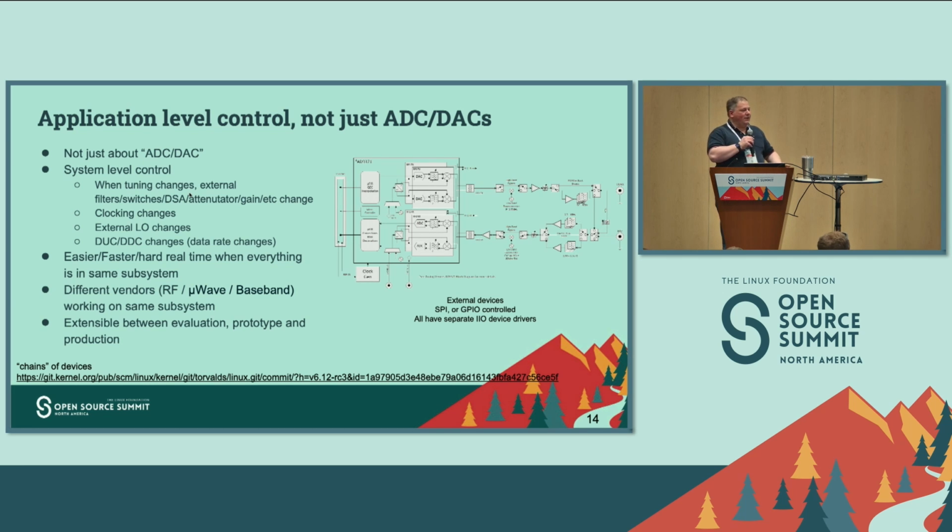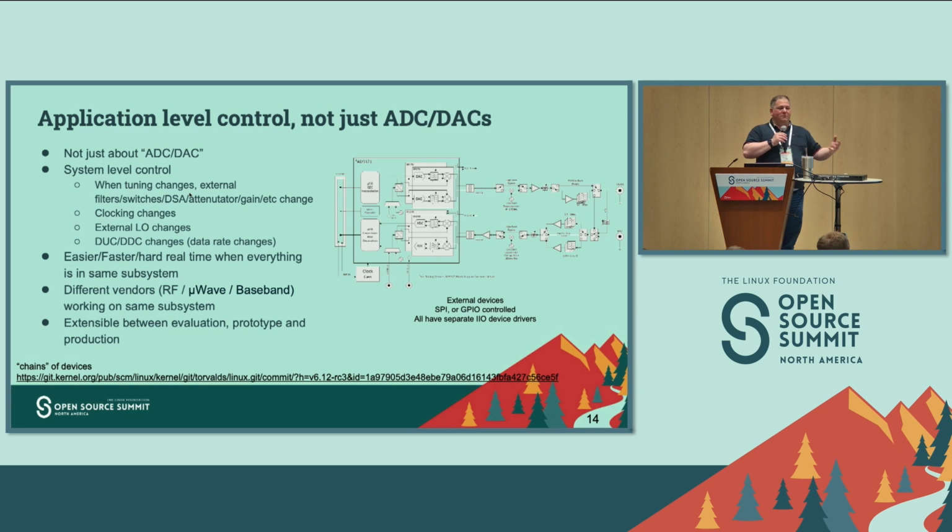So in the IIO subsystem in the kernel, in your device tree, you can actually specify that these devices are chained together. In this situation, there's an ADC, DAC with PLLs and filters and a variety of other things, so that if I change a setting in a PLL that changes the frequency, which causes a change to happen in a filter, that can automatically be done in the kernel without having to do everything in user space.